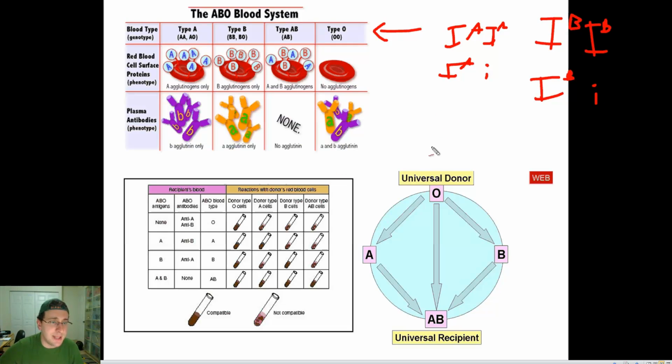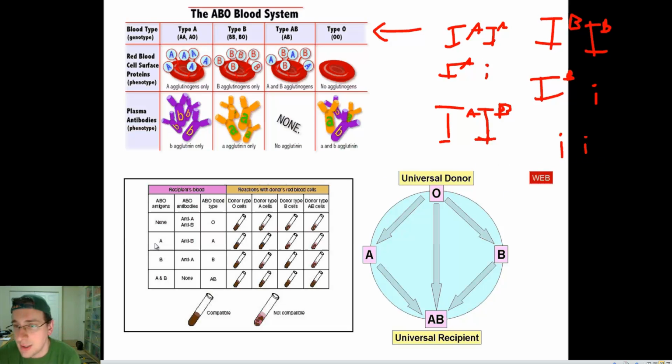For the AB type, that's only going to happen when you're co-dominant by having A and B at the same time, and both looks will show up. You have to have a blood cell that has both. And for the O type, you would have to have the recessive trait twice in order to see the O type. I hope that makes sense to you in terms of genotypes generating the blood phenotypes.